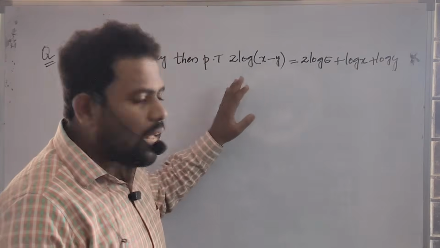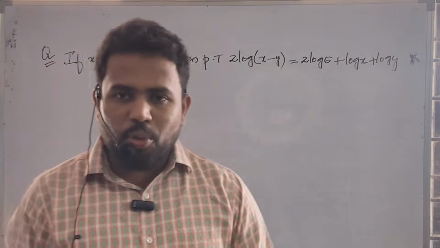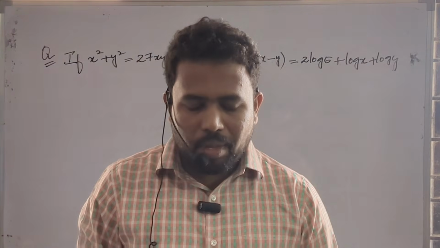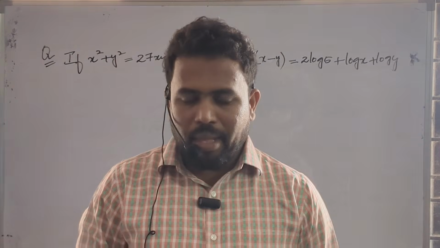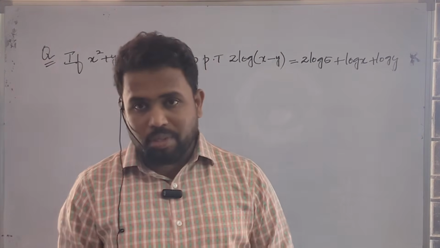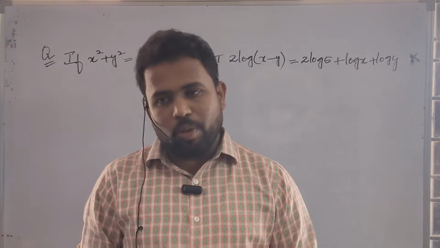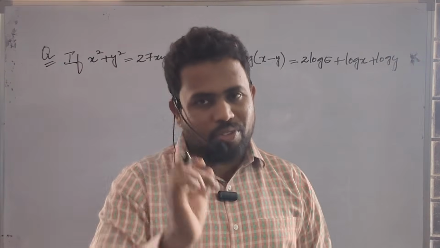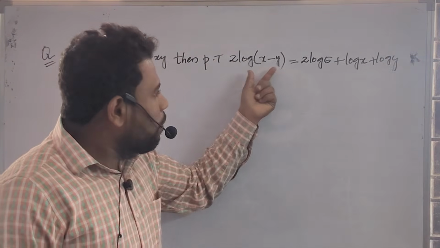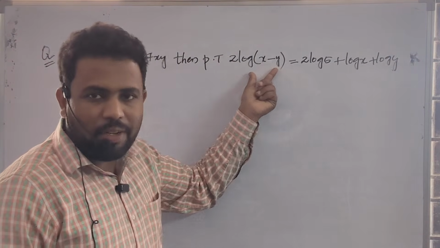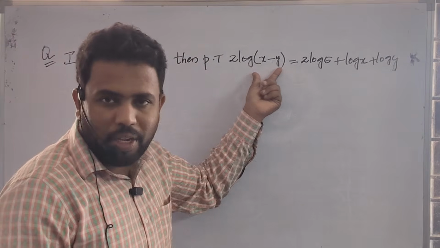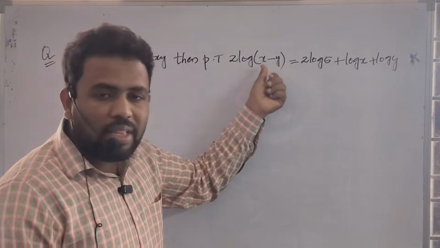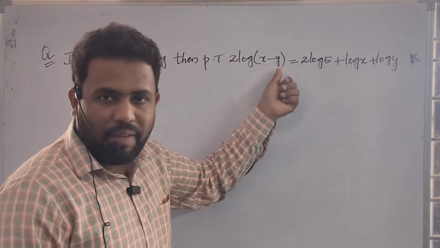In this type of question, either we have to use a plus b whole square or a minus b whole square. How do you know which formula to use? It all depends on one simple trick. In the proof, a bracket is given. Observe the bracket very carefully. What is given in the bracket? x minus y.